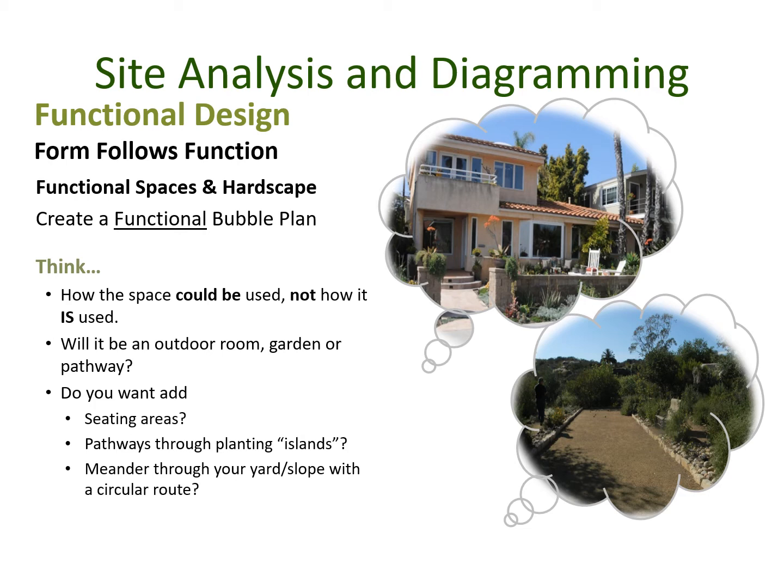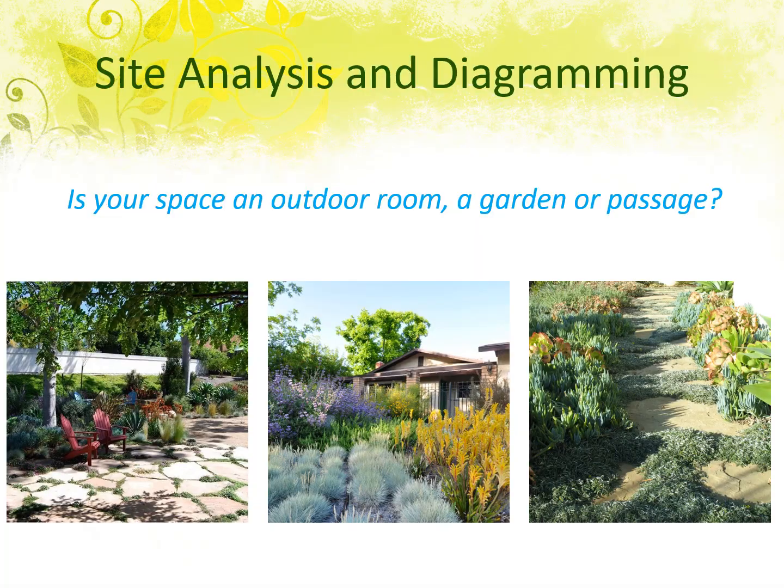What's that path look like? Do you want to add things like seating areas or maintenance pathways through planting islands, or meander through your yard or the slope with a circular route so that you have a pathway through the side yards? These are important things to consider before you start design.